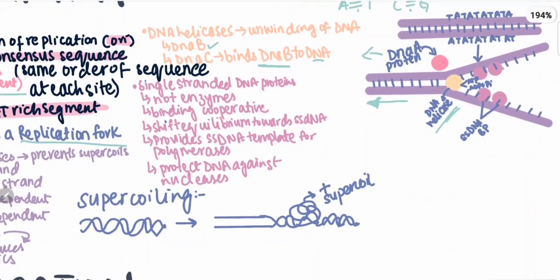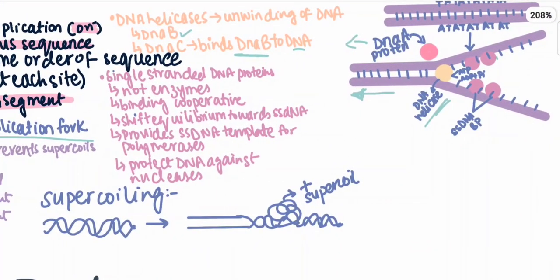Okay. Then there is also another protein called the single-stranded DNA binding protein. These are not enzymes. Before, what I talked about, DNA helicases and DNA A protein, those were enzymes. But single-stranded DNA binding protein is not an enzyme. It is just a protein. And what it does is that it shifts the equilibrium. So we know that this is double-stranded DNA.